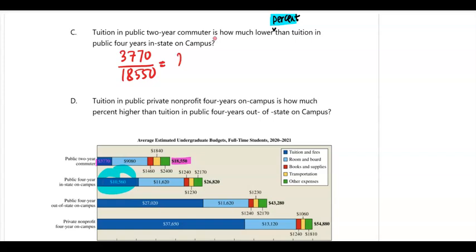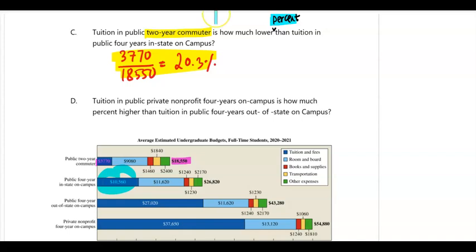This gives you 20.3% for public 2-year commuter.